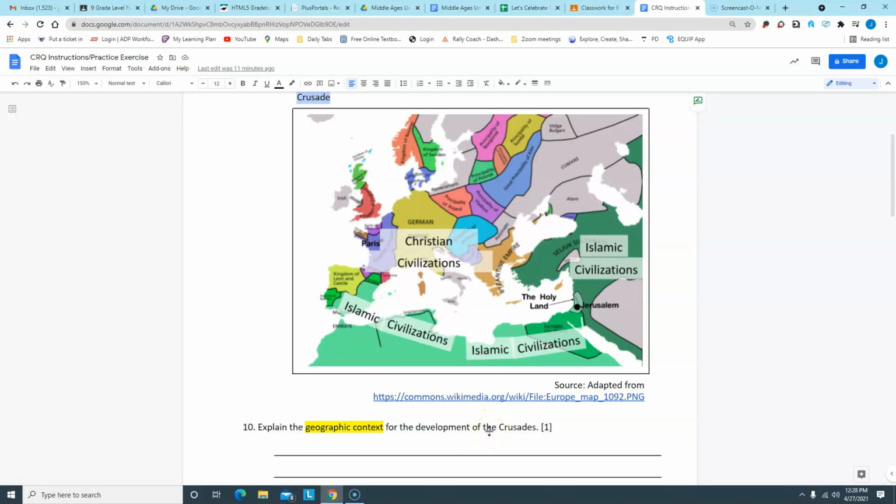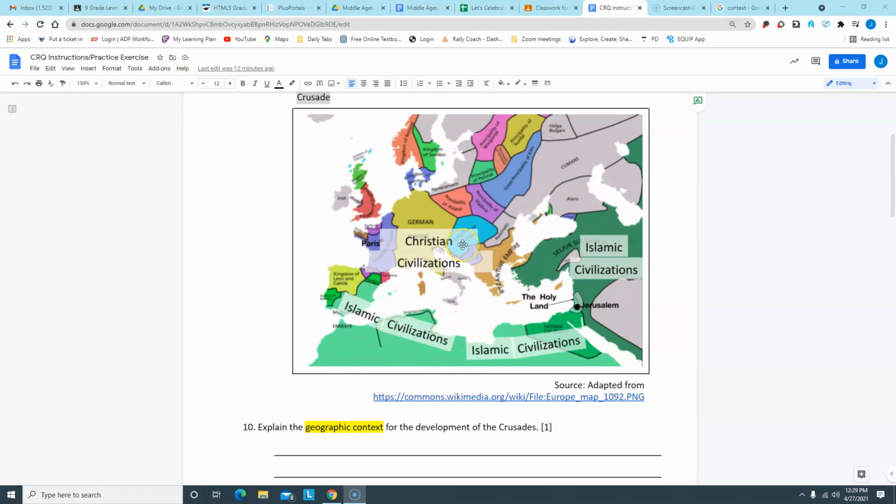So, if you are ready to proceed, then in the Ed puzzle, I want you to explain the geographic context. So again, context helps us understand the circumstances or the history about the Crusades, how they developed.